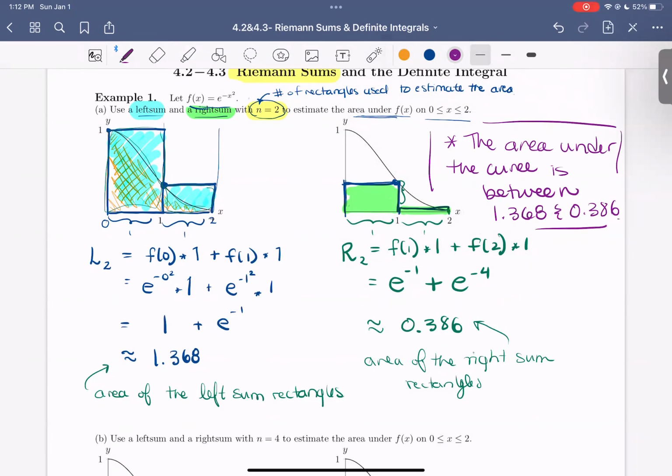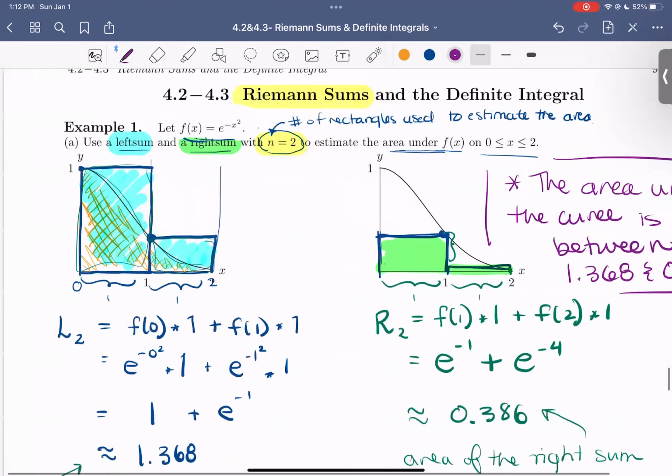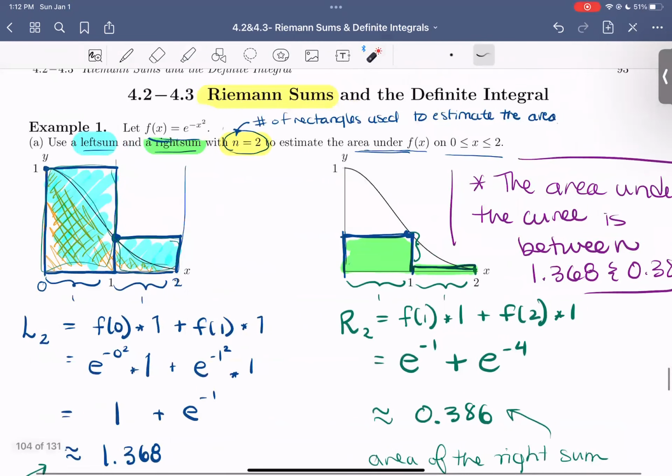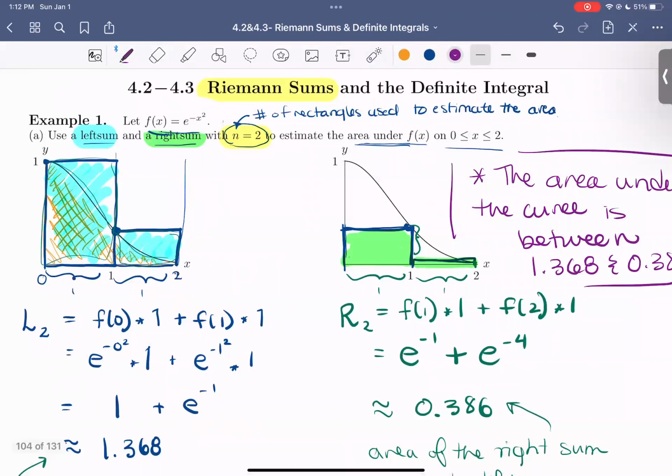Well, first we can just observe that from the pictures. So in our left hand sum here, these rectangles over cover the area under the curve. They cover it and then more. The rectangles on the right hand sums are covering just part of the area under the curve. So we know that this first area that we computed in the left hand sum is an overestimate.